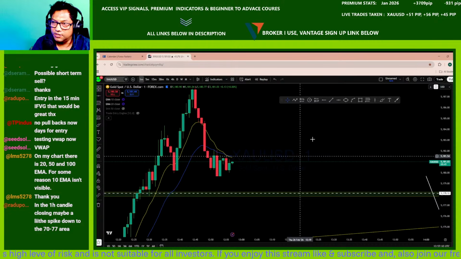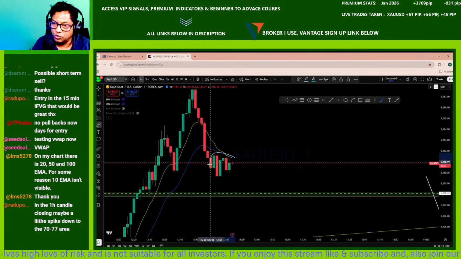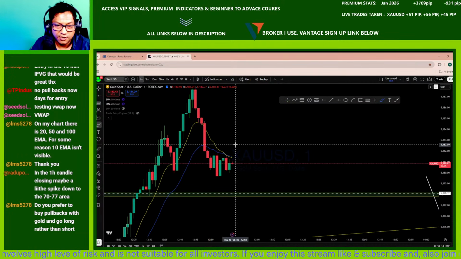Now it created this sideways consolidation with a narrow zone in that area.